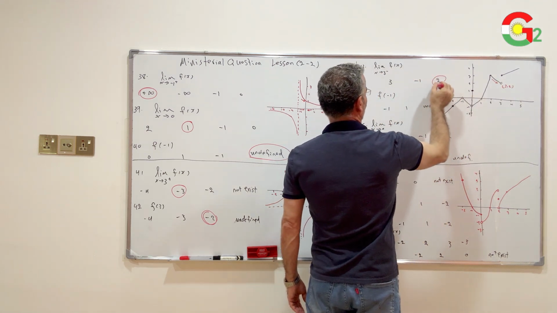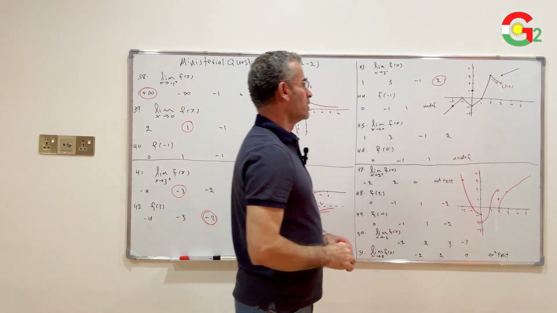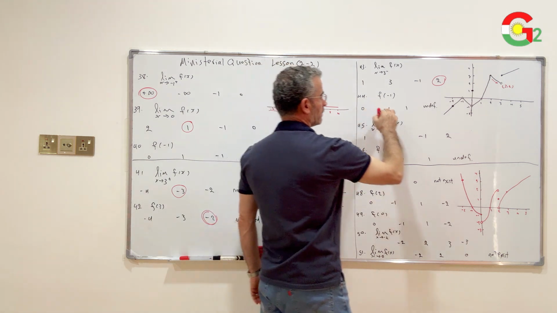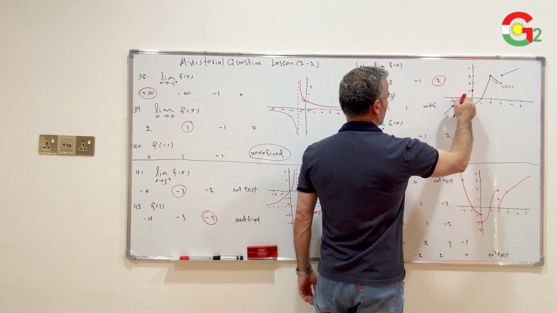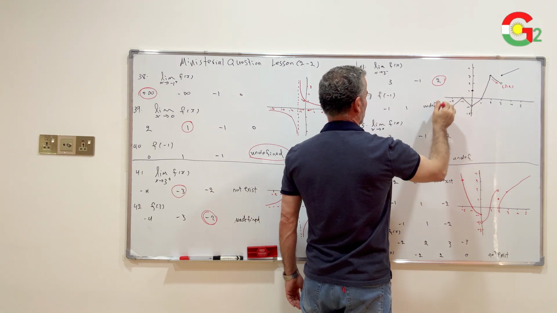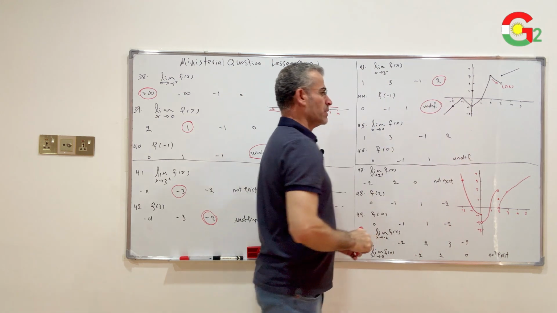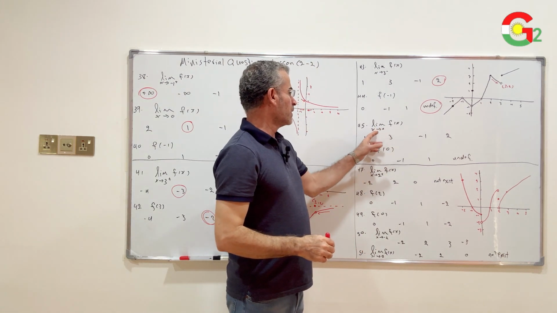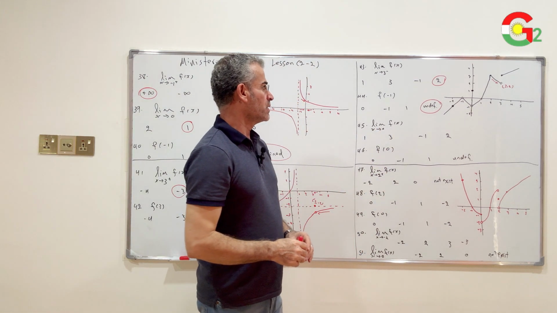Then the right choice is 2. f of -1, this is -1, and the function is undefined since we have a gap here, then the right choice is undefined.